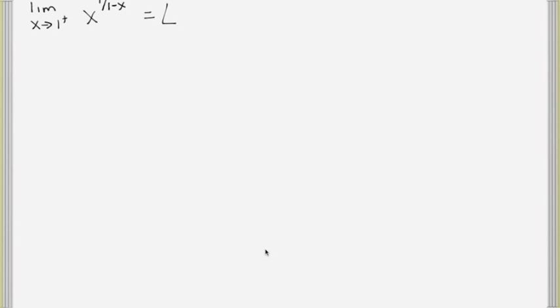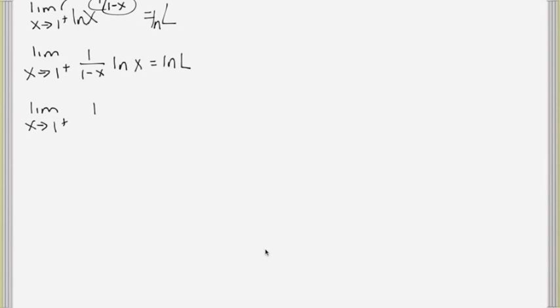So I'm going to set that equal to L. Take the ln of both sides, which allows us to drop down that exponent. When I drop that down, I didn't write it as a fraction, but it really can be a fraction. I'm just putting the ln over the 1 minus x.